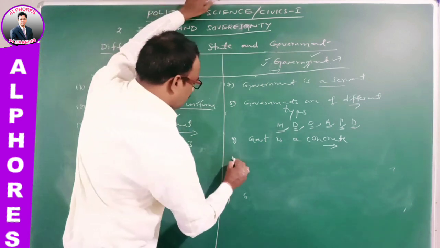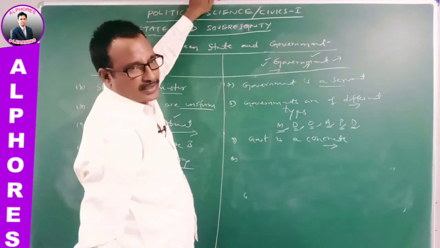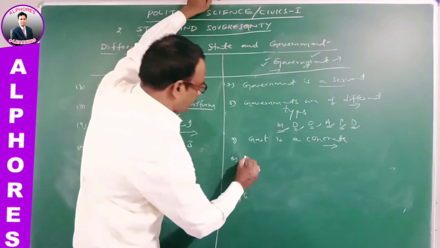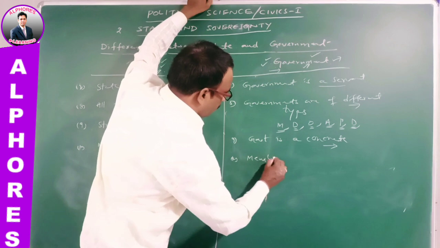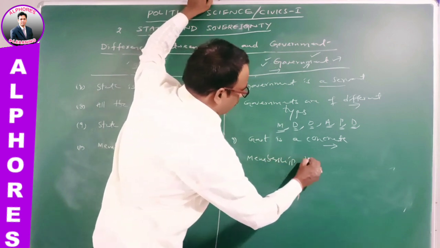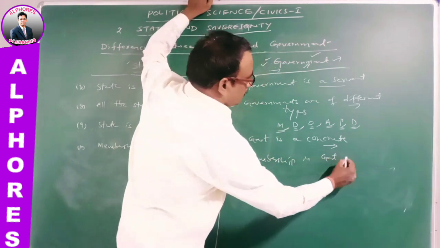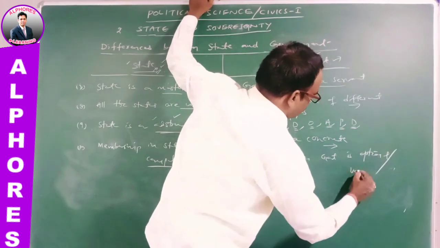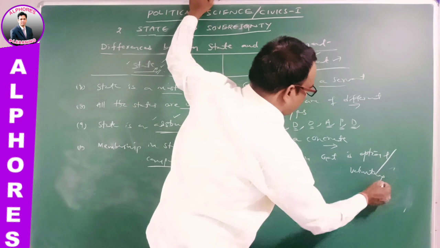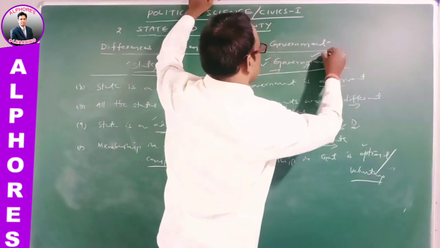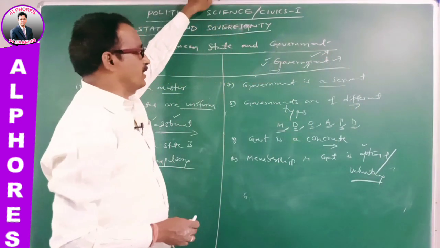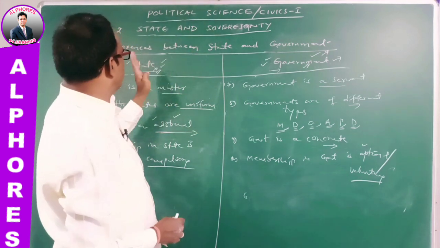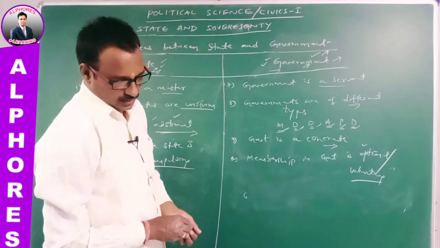Whereas the membership in government is voluntary or optional, because the membership in government depends upon the discretionary nature of the individuals. So these are some important differences between state and government.